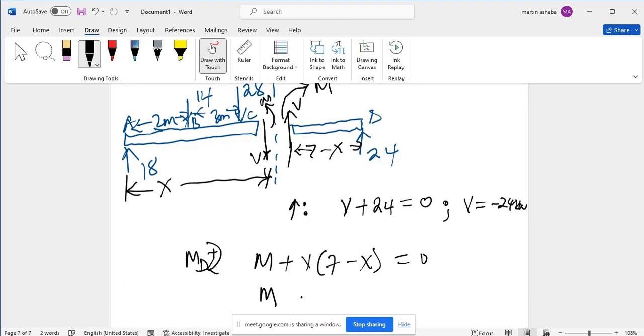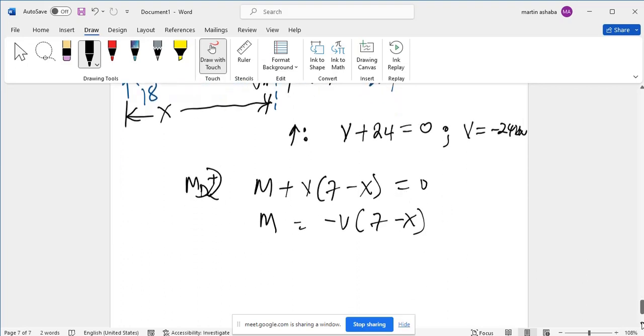So my M should equal minus V into (7 minus x). If I know the value of V as negative 24, then I substitute it in here and complete that equation.